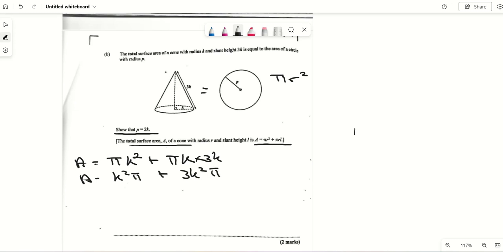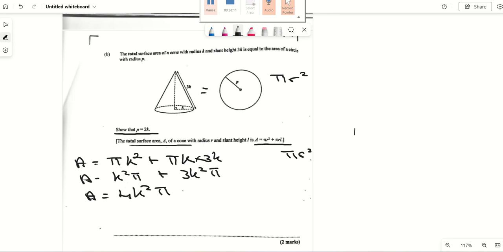So k squared plus 3k squared would give you A is equal to 4k squared pi, right? Now we know that the area of a circle is pi r squared, right?